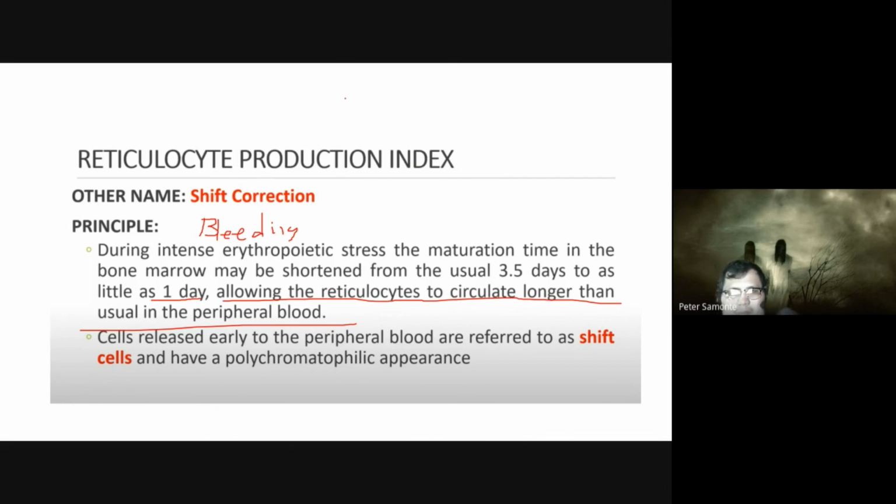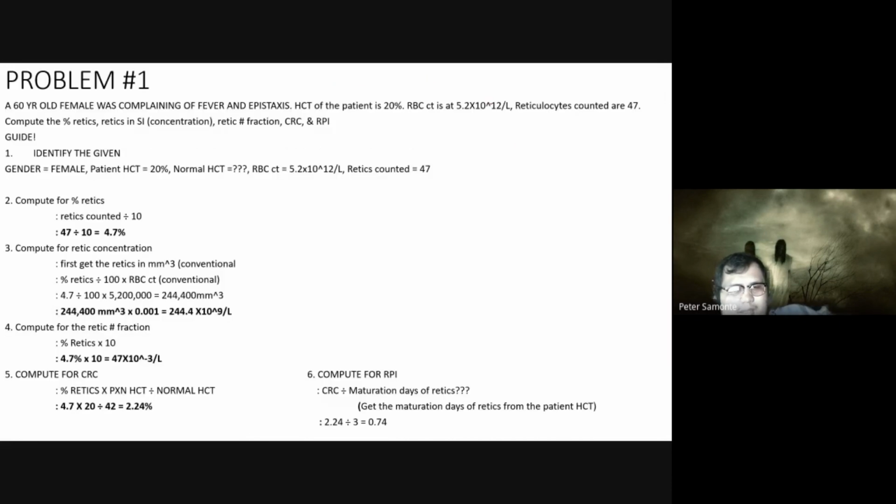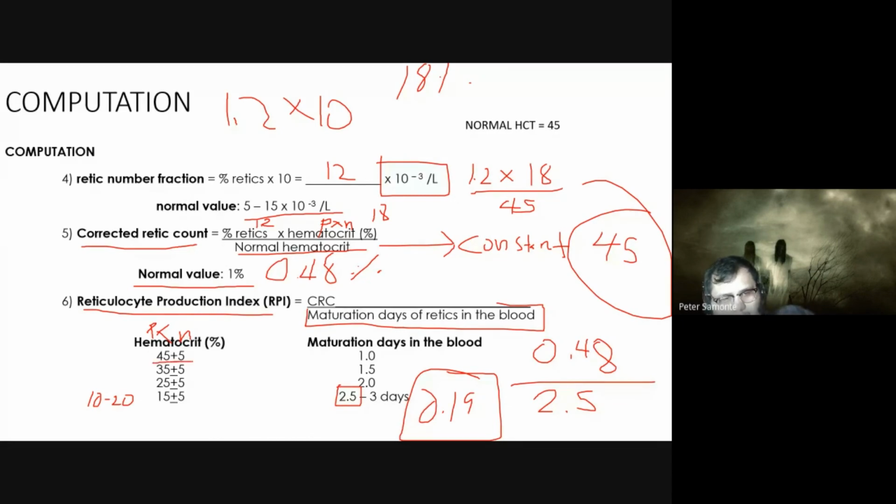So class, if you recall, when your hematocrit is normal, let's go back here. Like this, your hematocrit is normal. It says, right, that it circulates for 1 day in the peripheral blood. So that's correct, it's really just 1 day. But if you noticed, as your hematocrit decreases, it stays longer in the blood. So at 15 plus minus 5, it would stay in the blood for 2.5 to 3 days.